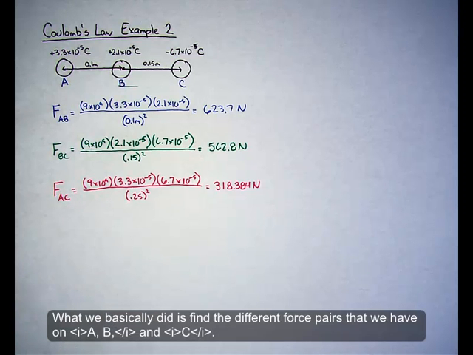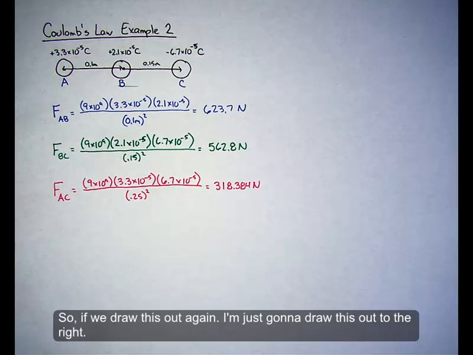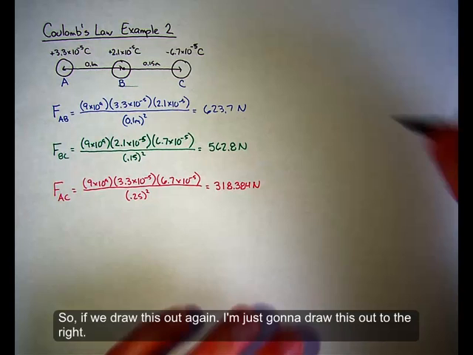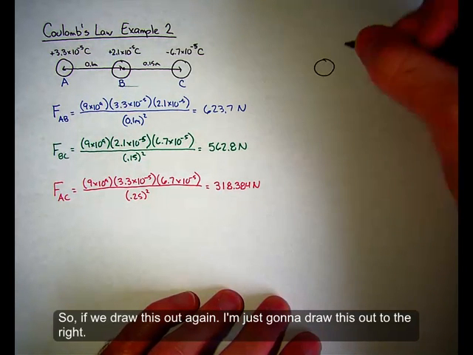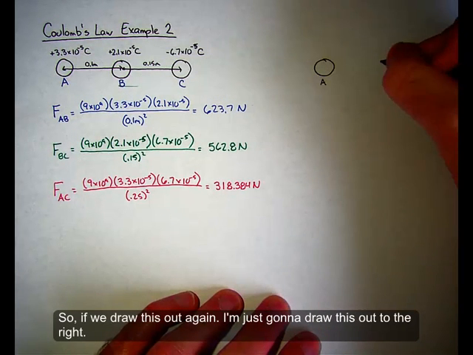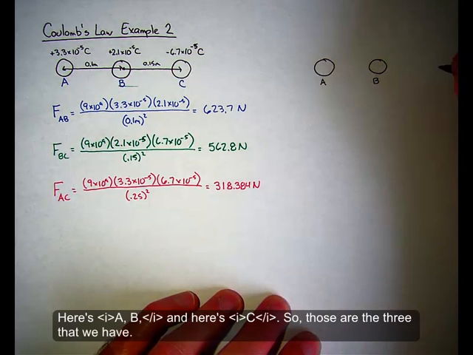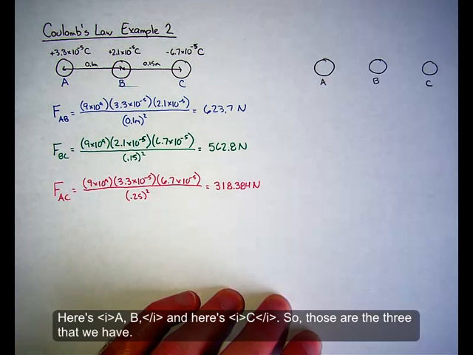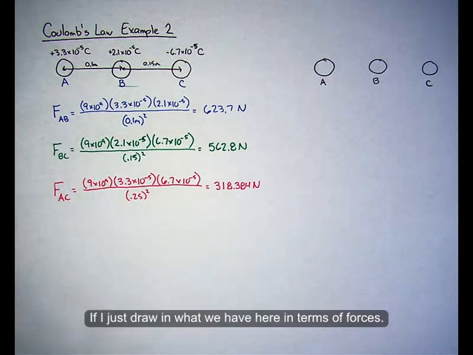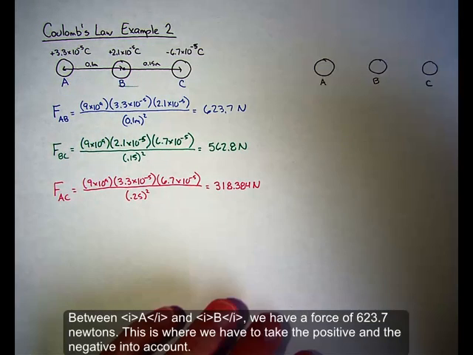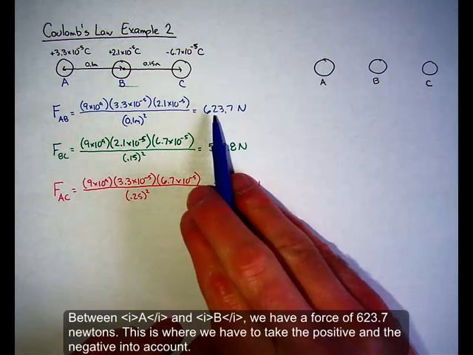So the question now is, what does that mean? Well, what we did is we found the different force pairs that we have on A, B, and C. So if we draw these out again, I'm just going to draw this over here on the right. So here's A, here's B, and here's C. If I draw in what I have here in terms of forces, between A and B we have a force of 623.7 newtons.